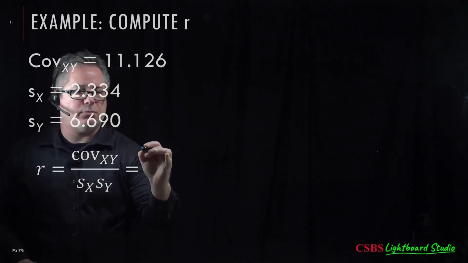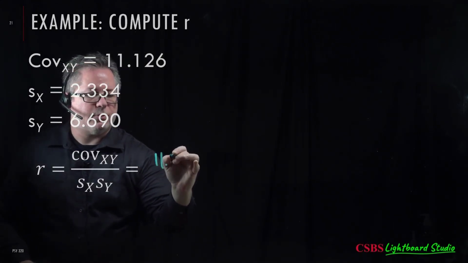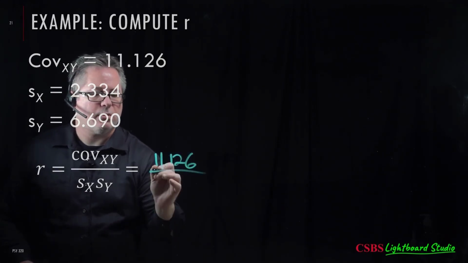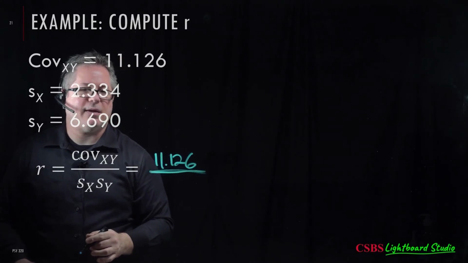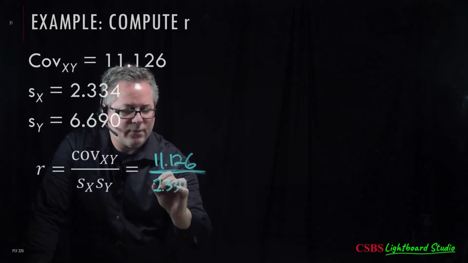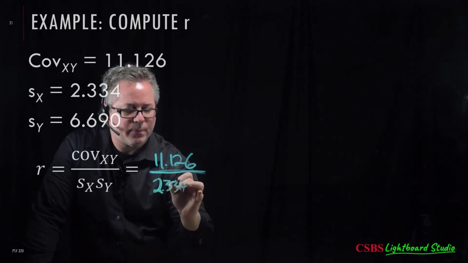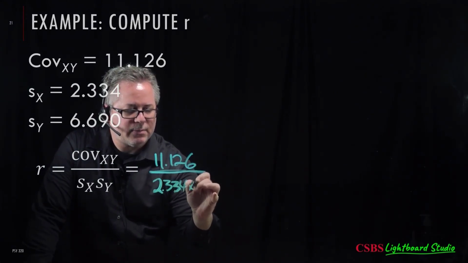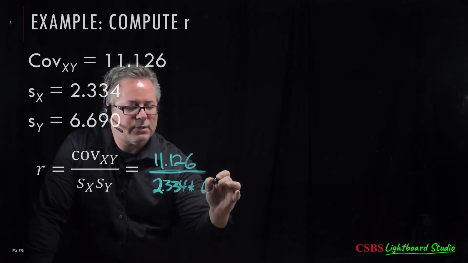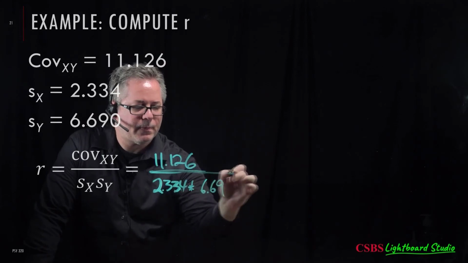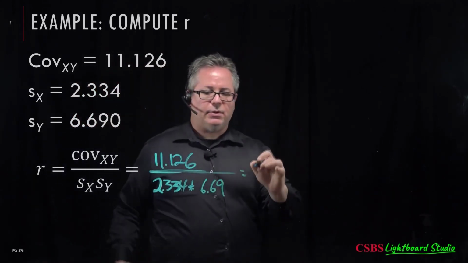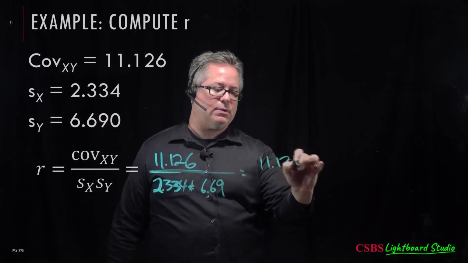All right, so 11.126 divided by 2.334 times 6.69 equals what? I know 11.126 is on top.